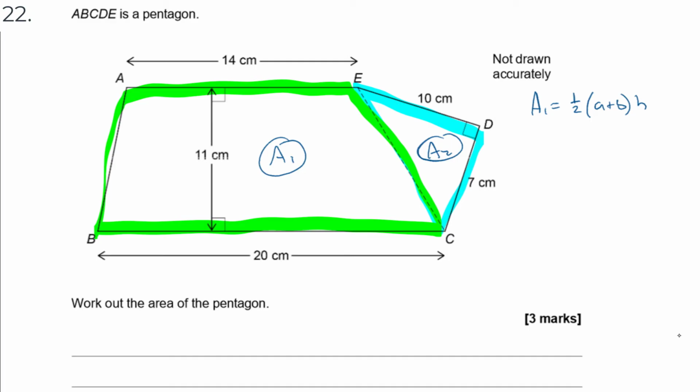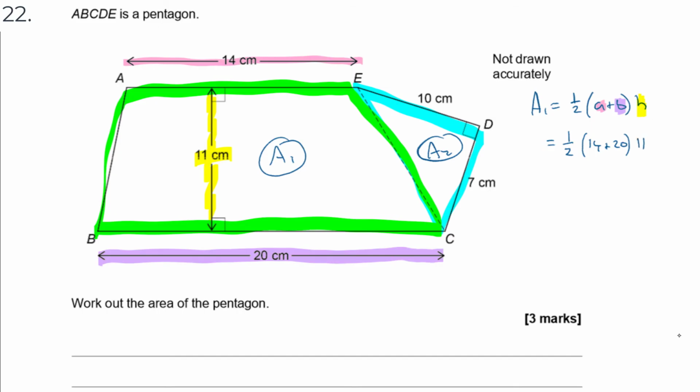So in this diagram, a is going to be 14, and b is the side parallel to that, that one there, 20, and then h is the distance between them, that one there, the 11. Subbing that into the formula, I've got A1 equals a half, a, which is 14, plus b, which is 20, times h, which is 11.